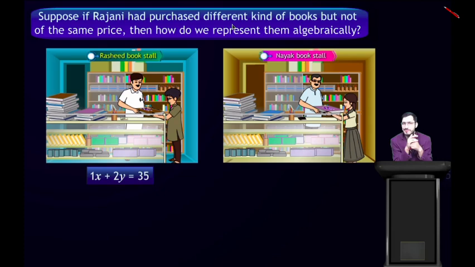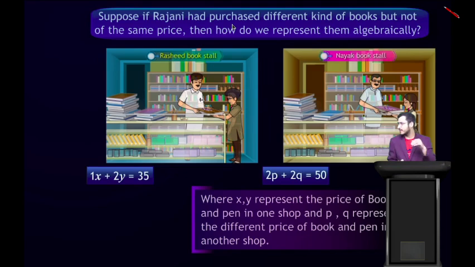Can you tell me? Here x, y represent the price of a book and a pen in one shop, and p and q represent the different price of the book and pen in another shop.